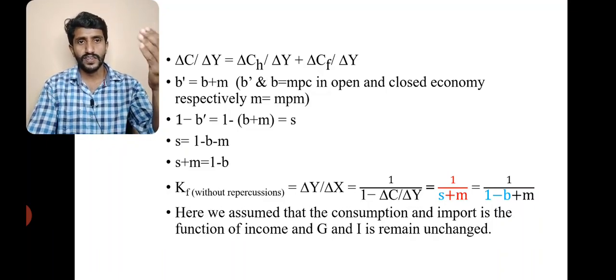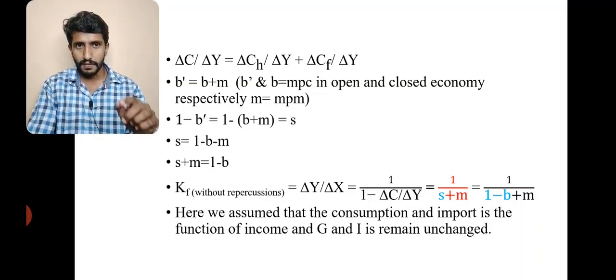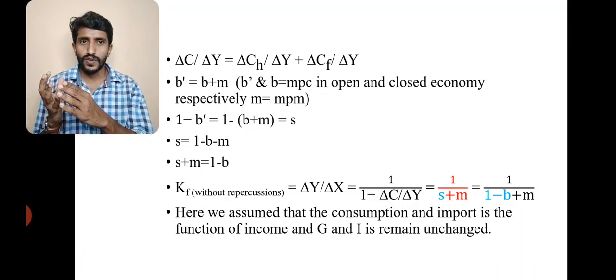So in this equation we can make an addition, and 1 divided by 1 minus b dash will be equal to 1 minus b plus m, which is given there, which is equal to S, the marginal propensity to save.